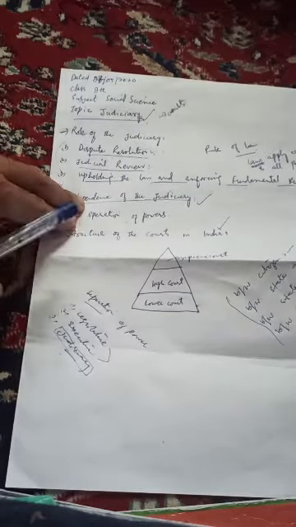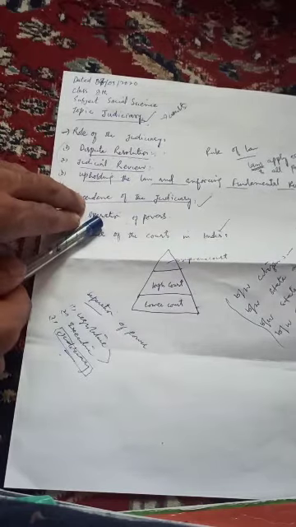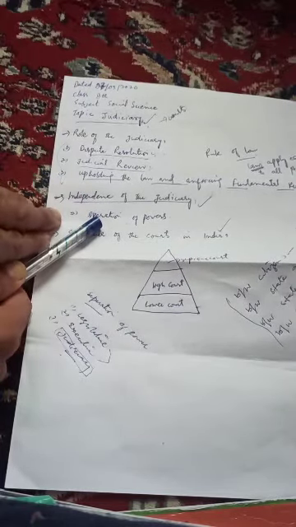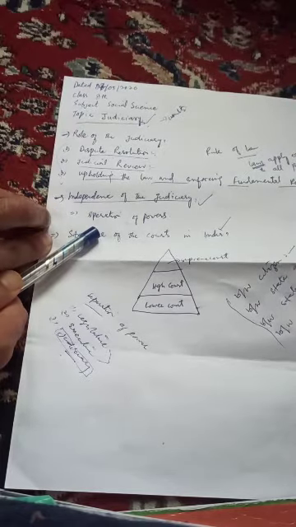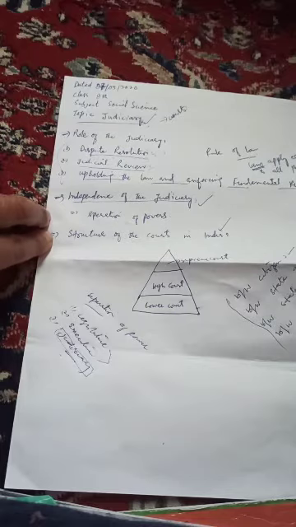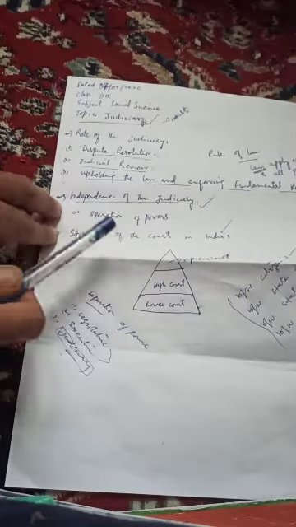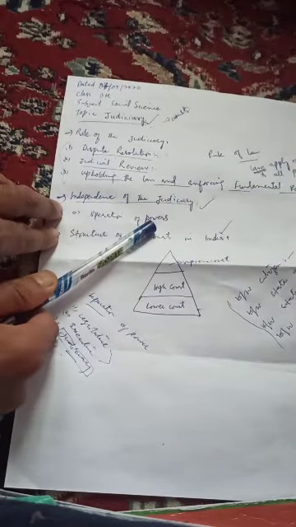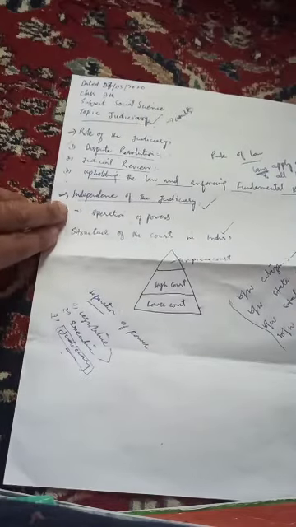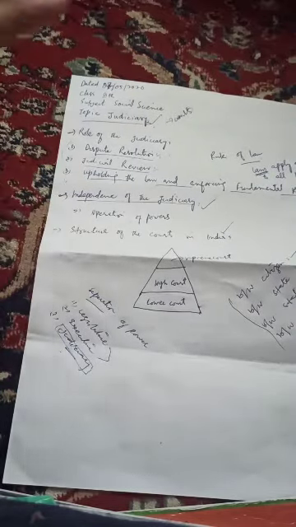This independence also protects our fundamental rights. The citizens of India are provided with many fundamental rights that are important for our survival. Those fundamental rights are protected by this judiciary only because of its independence. So this was about the independence of judiciary.